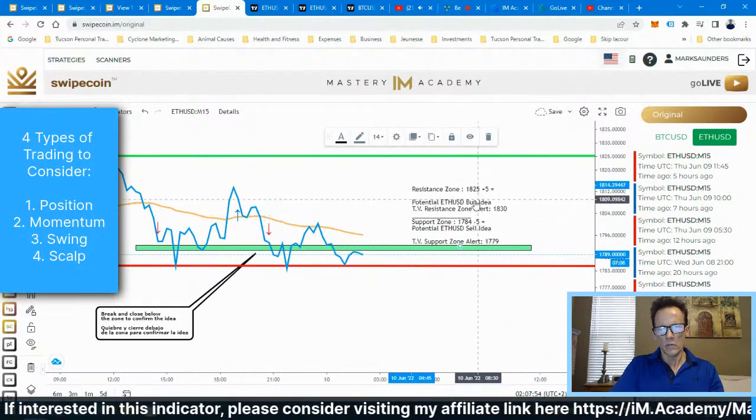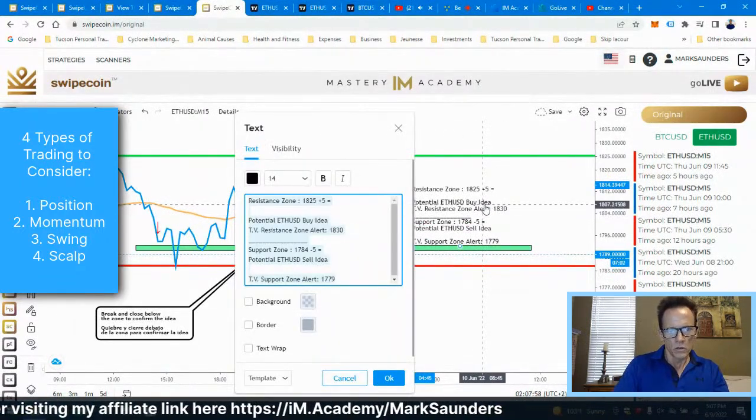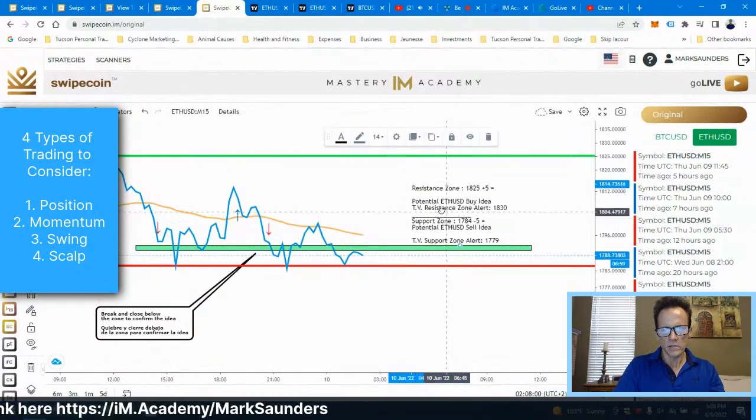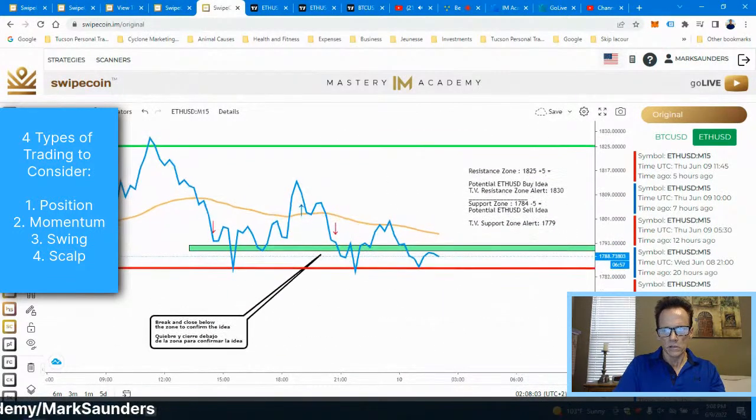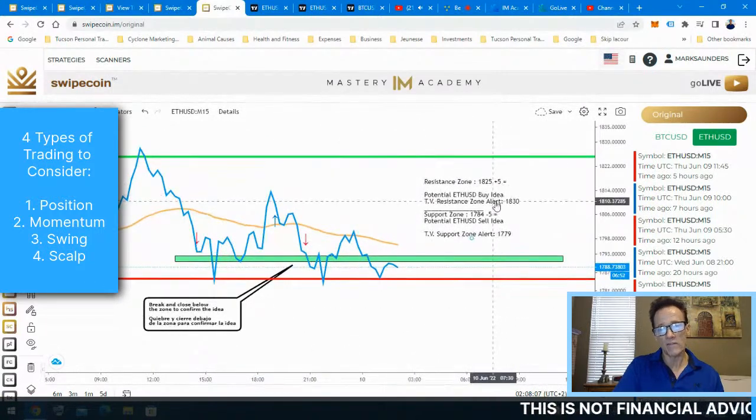Right? So now we have our numbers organized, and this is a very professional way to do it. So now we have our zones set up.